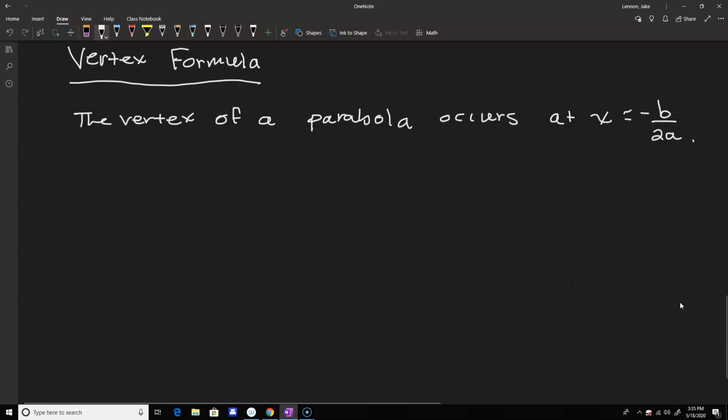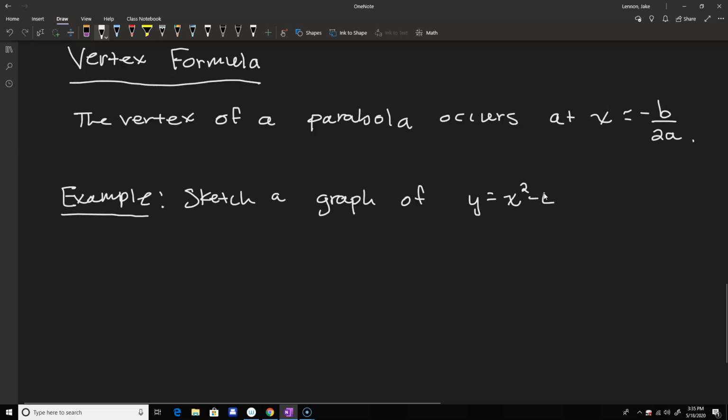So let's go ahead and look at how we can graph one of these things. In the example, we will say, sketch a graph of, let's say, y equals x squared minus 4x plus 2.